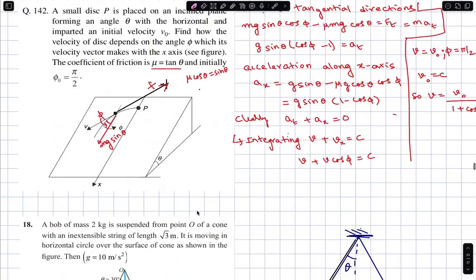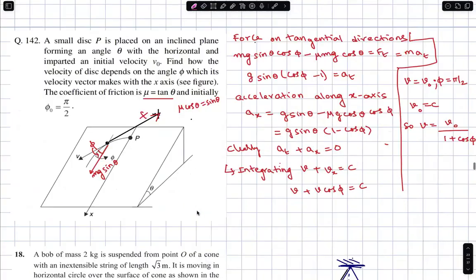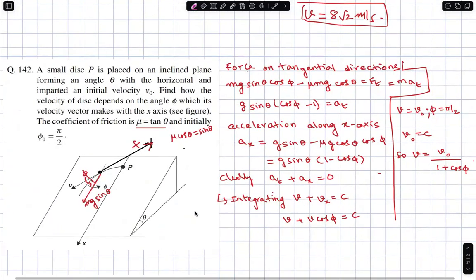Yeah, come on. This is also a very important question. But please go through the question, everyone. A small disk P is placed on an inclined plane, forming an inclined angle theta with the horizontal. Actually, this is related to friction only, but curvature is also required. So I have used this right now. Horizontal, and imparted initial velocity V naught.